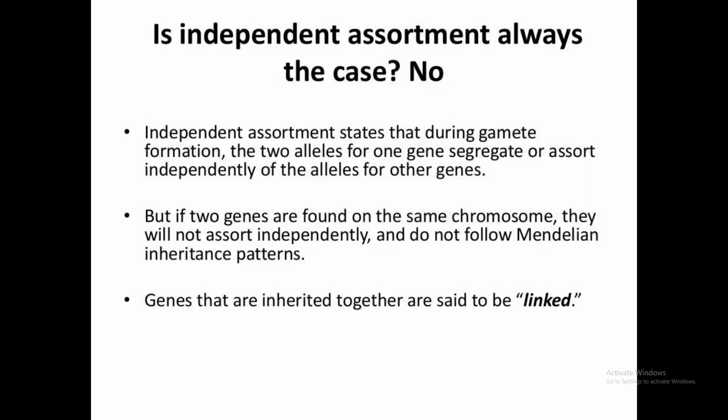Or you can say there is no independent assortment. Always the genes may not be transferring independently to the next generation. So what is the reason? The reason is linkage, or genes are linked.